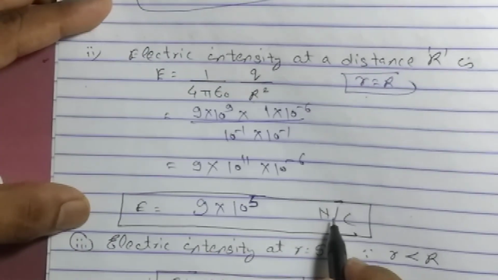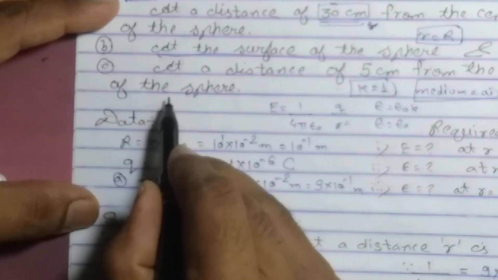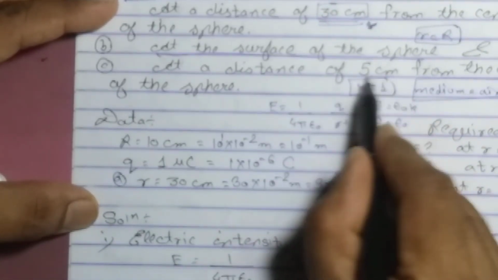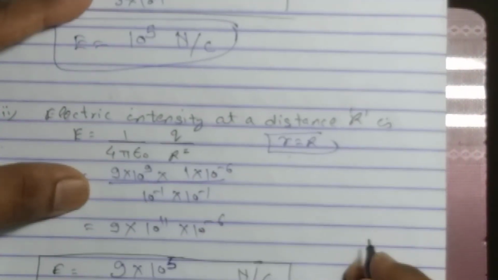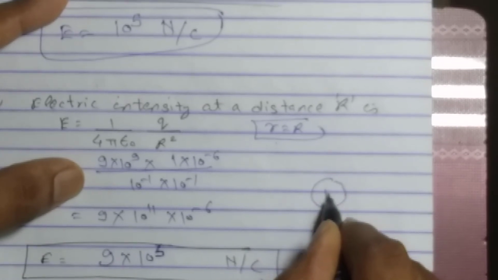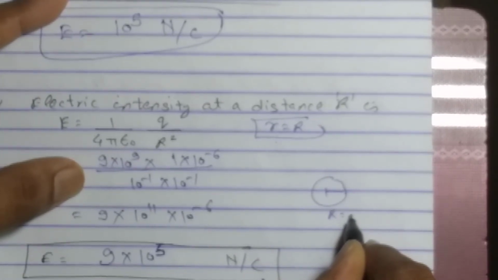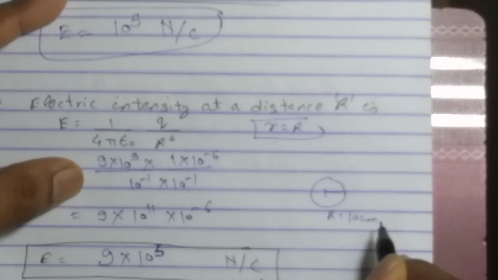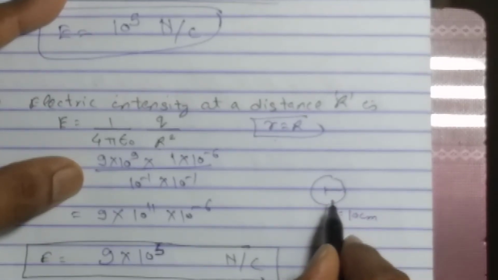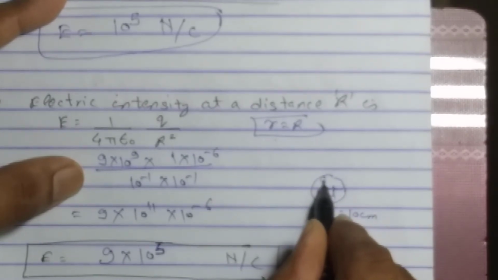Okay, students. The third thing we have to find out is the electric field intensity at a distance of 5 centimeter from the center. Students, let us just imagine the charged sphere. The radius of this charged sphere, capital R, is given as 10 centimeter. And we have to find the electric field intensity at 5 centimeter from the center.